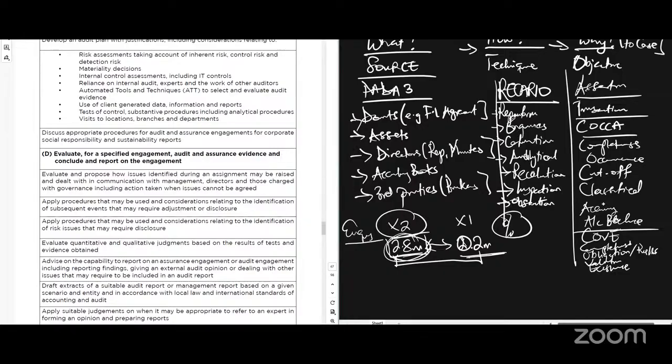To confirm what? If you calculate depreciation, what does it relate to here? To confirm accuracy. Why would I calculate depreciation if not to confirm it is right? Do you get it? To confirm accuracy. So you see, 1, recalculation.